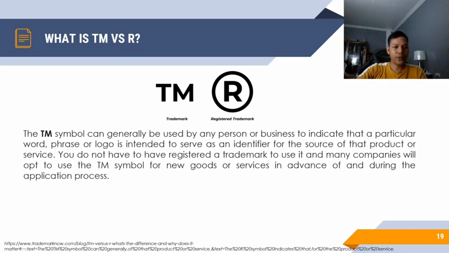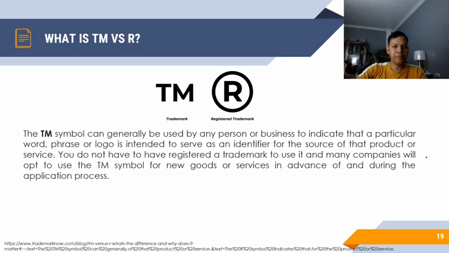So you do not have to have registered a trademark to use it, and many companies will opt to use the TM symbol for new goods or services in advance of and during the application process.